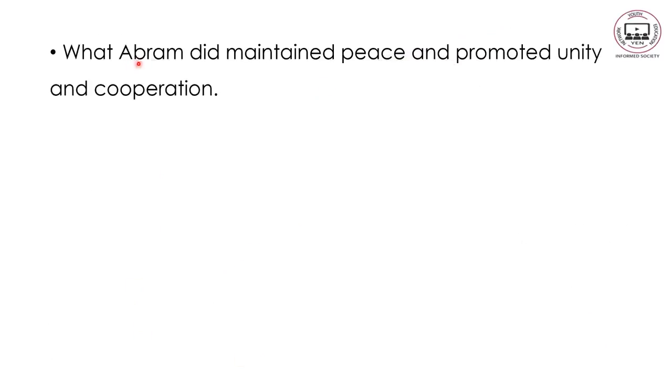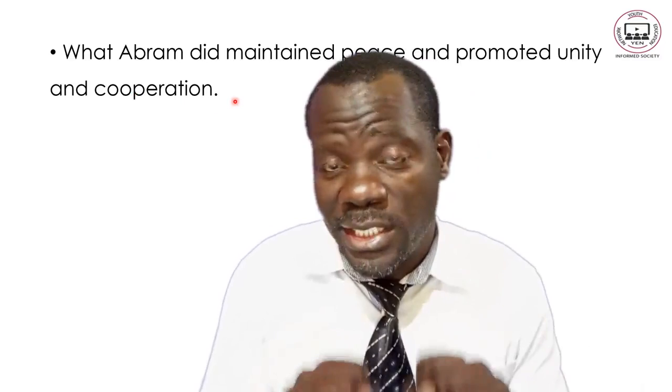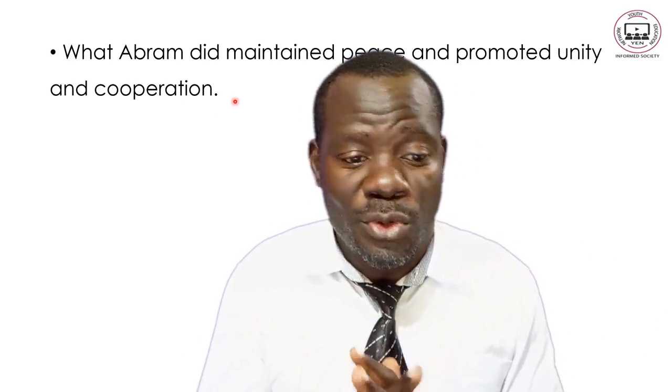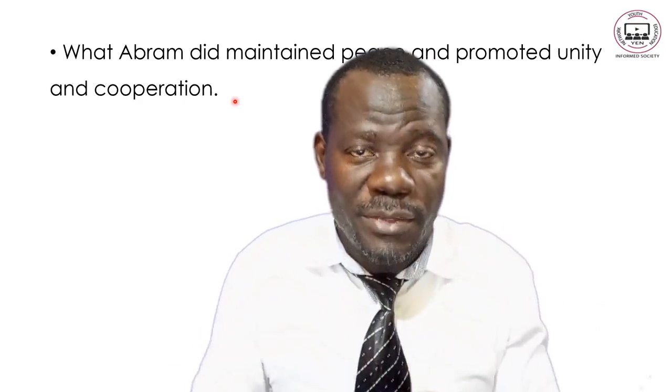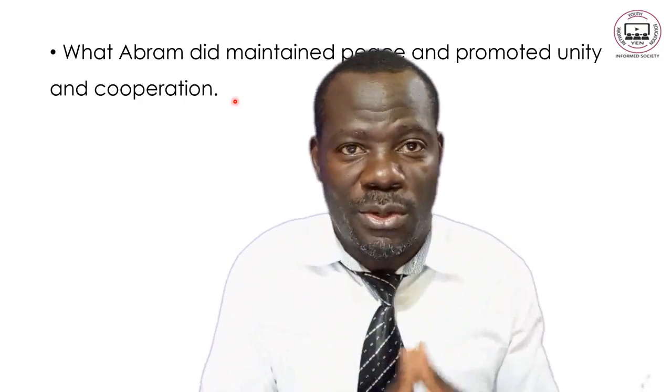So what Abraham did maintained peace and promoted unity and cooperation. We see from that example of Abraham that what he did there really maintained peace and also promoted unity and cooperation between himself, his family, his herdsmen, and Lot's herdsmen, and even Lot himself.